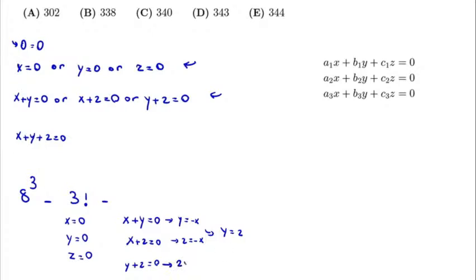Because y equals z, here it will be 2y equal to 0. So y equals 0. Similarly, x equals 0, z equals 0. Because when y is 0, here x will be 0, and here z will be 0. So in this part, again, we say 3 factorial, for which equation is x plus y equals 0, and the other cases, 3 factorial.